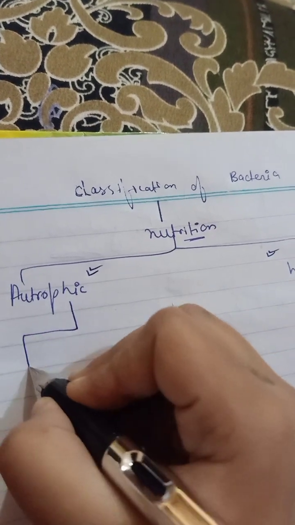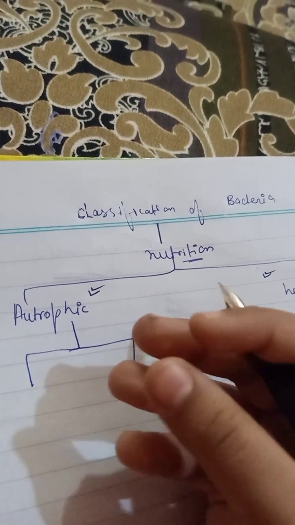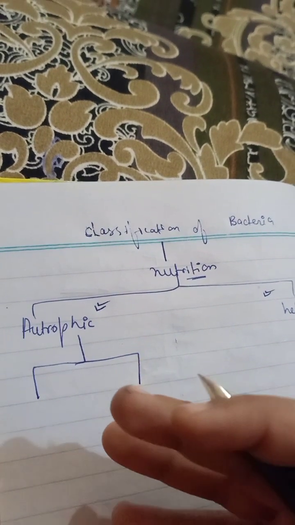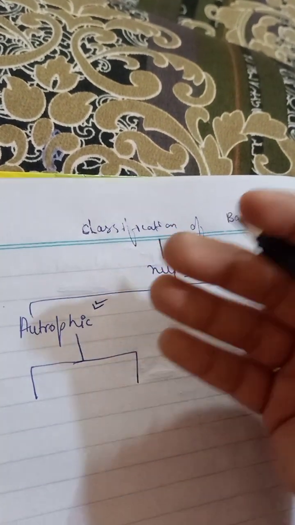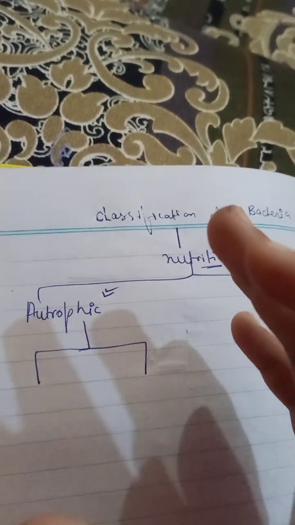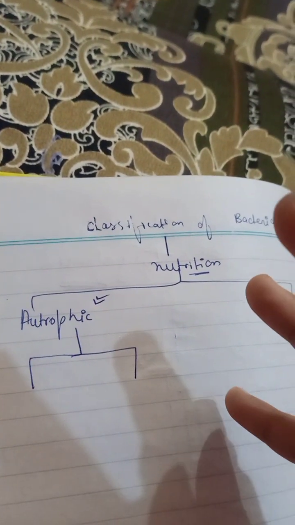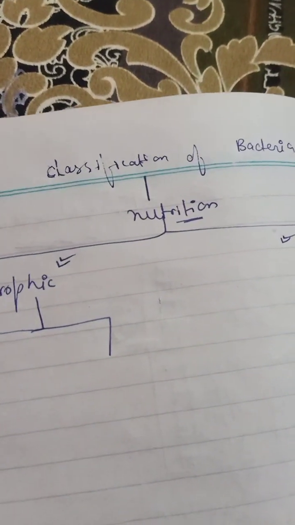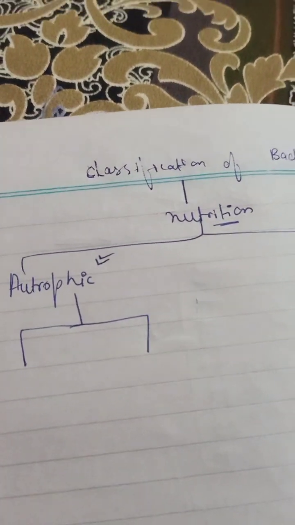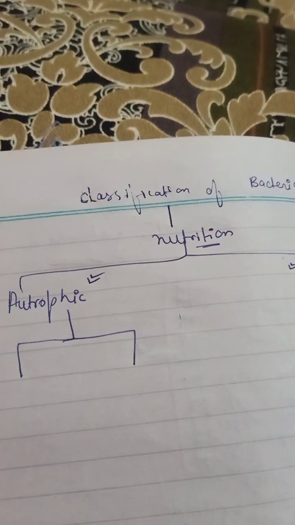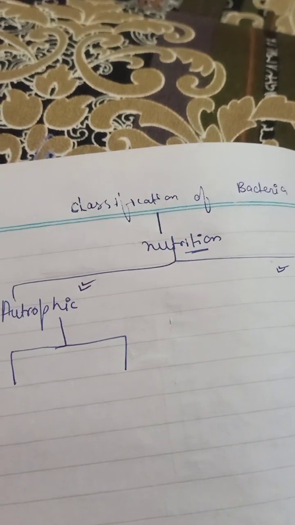Autotrophic means those that make their organic compounds from inorganic sources. They make their own food; they have the capability to produce their own food.